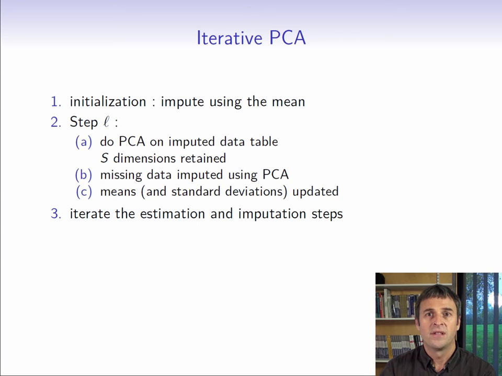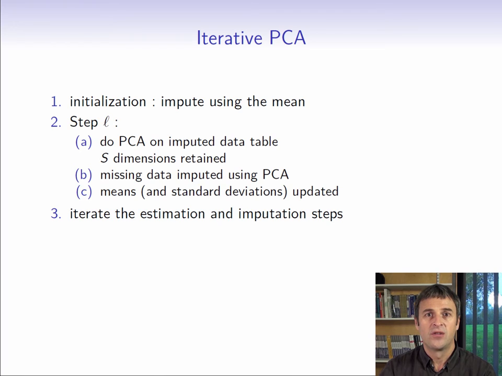Step B involves updating the missing value estimations using PCA, using both the individuals and variables coordinates. And then, step C, we update the means and standard deviations of each variable after updating. Then, we go back to step A and do a PCA, B, we update the missing value estimates, and then we iterate these three steps until convergence.